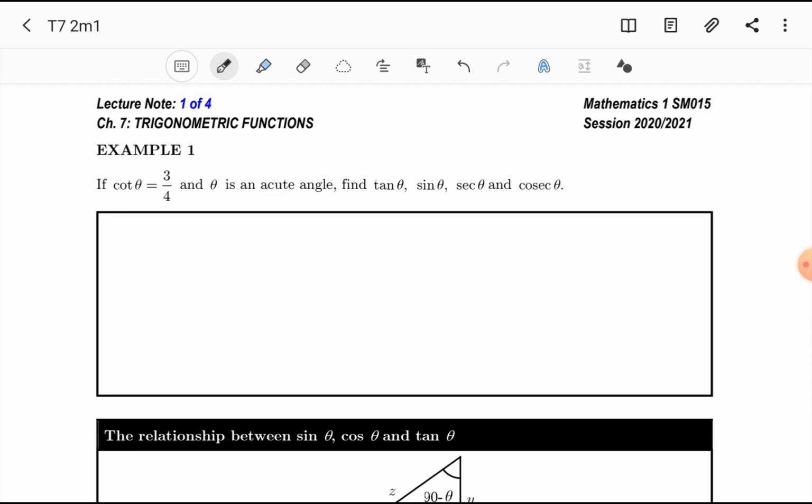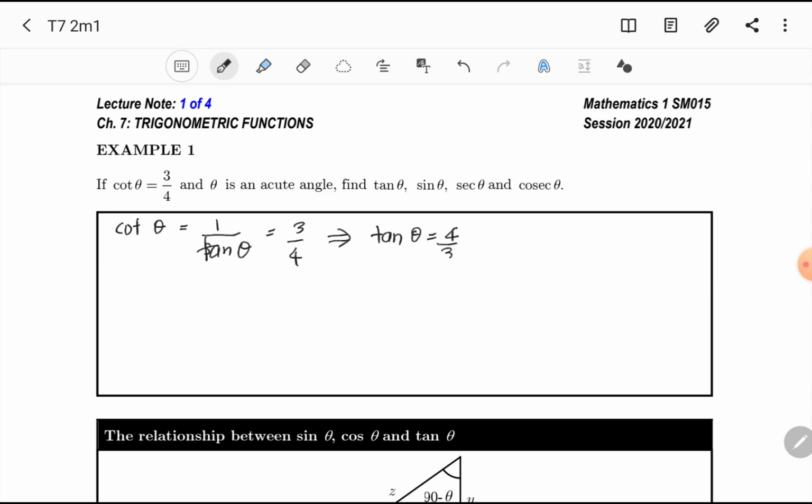Okay, so you can turn to page 3. Okay, so given cotangent is 3 over 4, we know that cotangent is 1 over tangent. Okay, so we can write cotangent theta equals to 1 over tangent theta, and 1 over tangent theta equals to 3 over 4. So kalau kita terbalikkan, kita akan dapat tangent theta equals to berapa? 4 over 3.